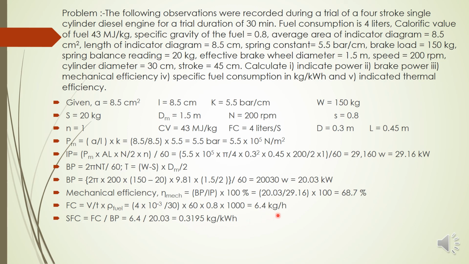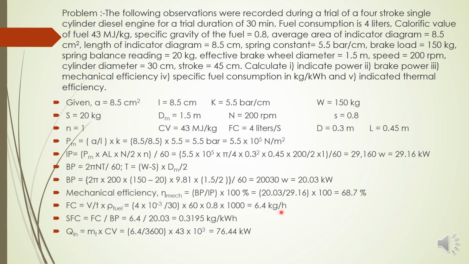Now heat input or fuel power you have to find out. For finding the indicated thermal efficiency you require heat input. So heat input is mass flow rate into calorific value. But again in the unit you have to be careful, because now the mass flow rate is in kilogram per hour, but here we want kilogram per second.